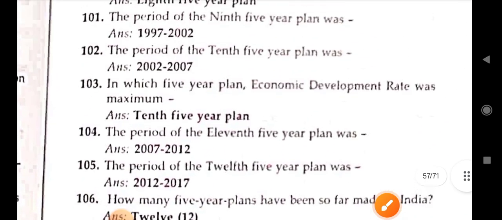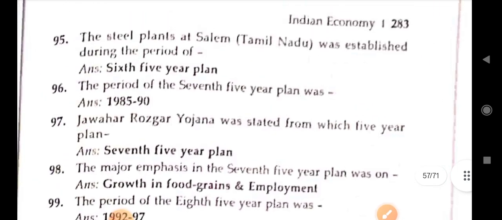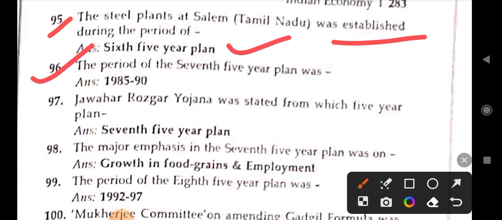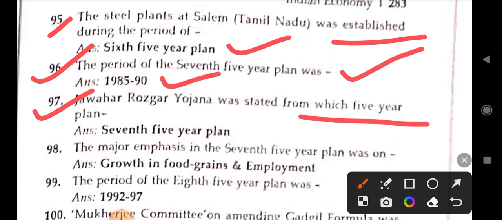Next, the steel plant at Salem, Tamil Nadu was established during the period of the sixth five-year plan. The period of seventh five-year plan was 1985 to 90. Jawahar Rozgar Yojana was started from which five-year plan? Seventh five-year plan. The major emphasis in the seventh five-year plan was on growth in food grain and employment.